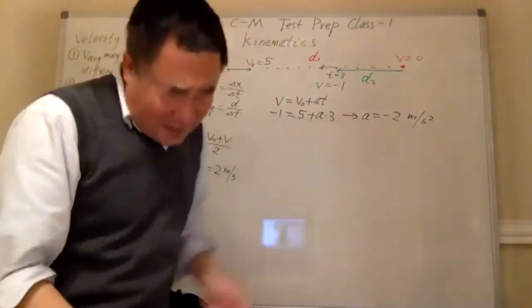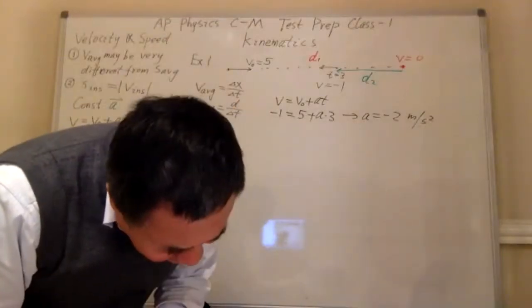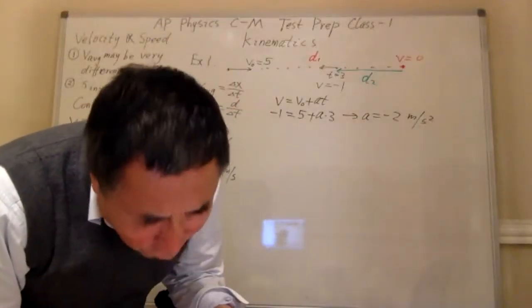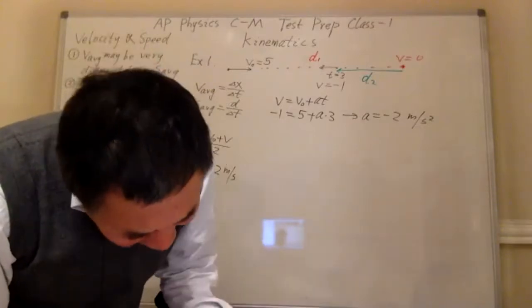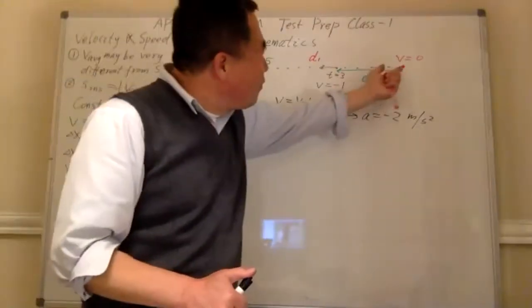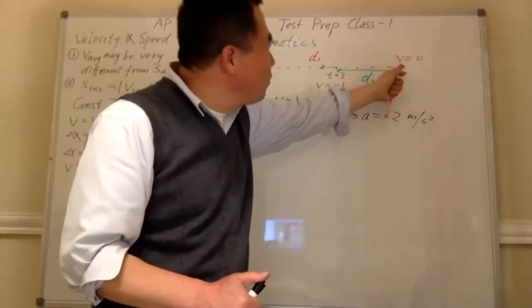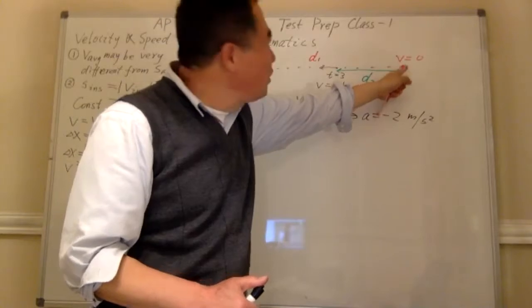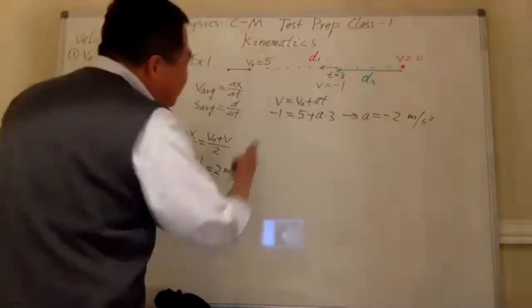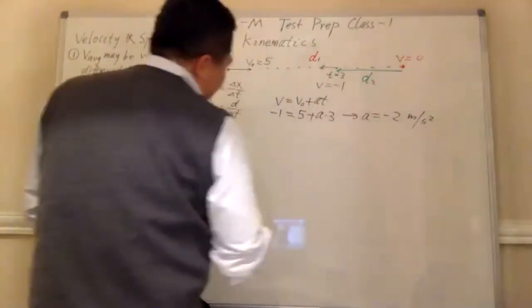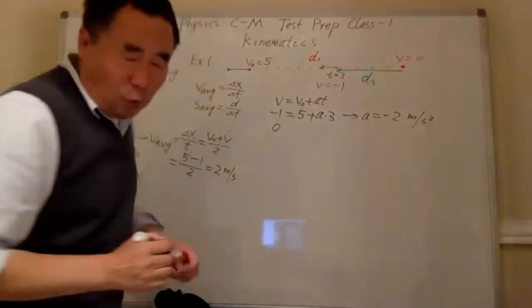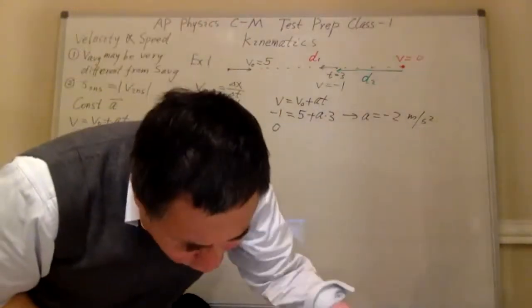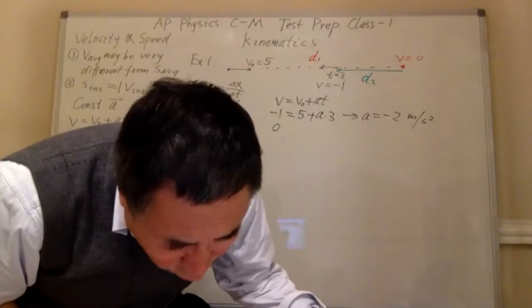So I got a. Then what do I try to figure out? We have a number of ways to do that, but I prefer to find out at what time I get this to 0. So I use this formula again. V is 0, and I want to figure out the time.